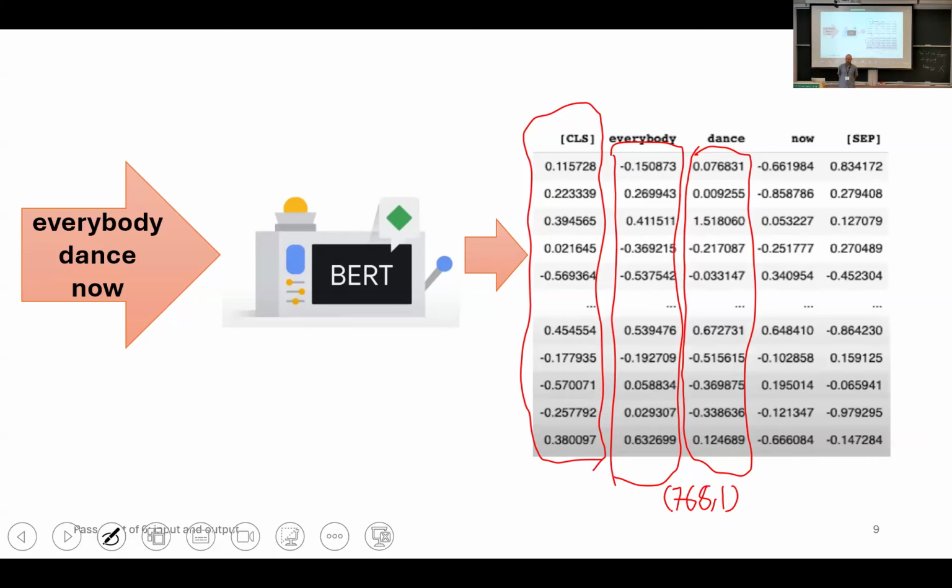Anyone want to make a guess where this number comes from? Why 768? Mathematicians in the room can hopefully come up with some good guesses. Anyone?